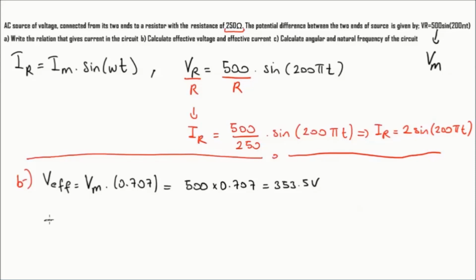And I effective equals I max times 0.707. I max is, as we calculated, 2 times 0.707, which equals 1.414 ampere.